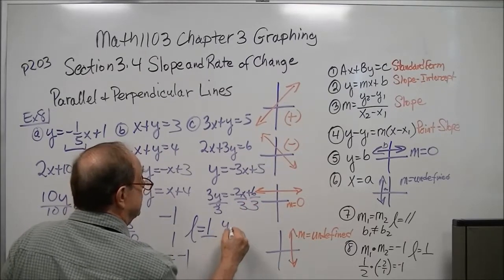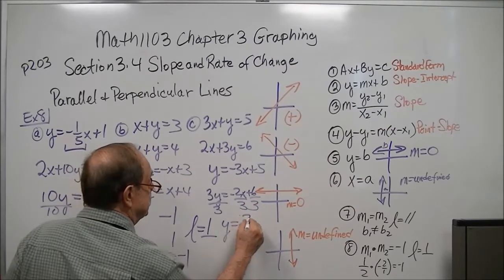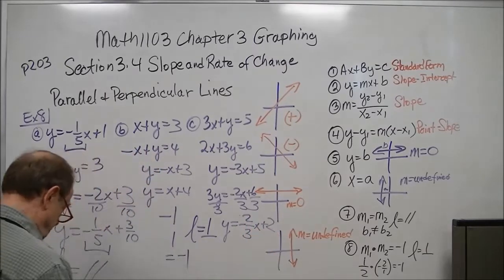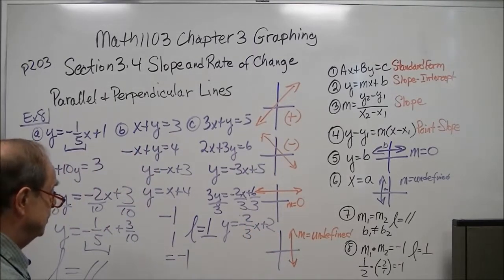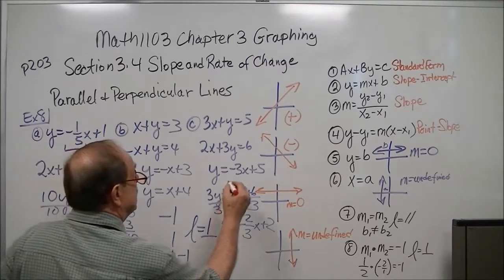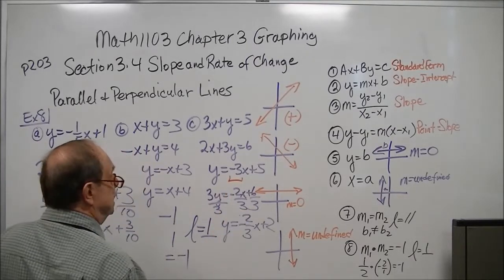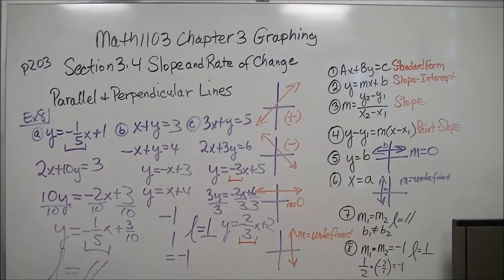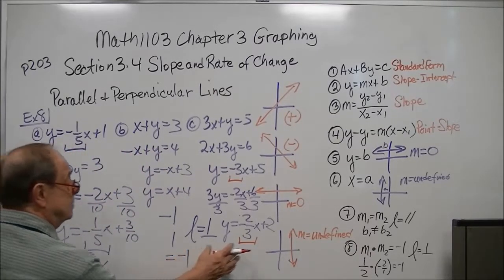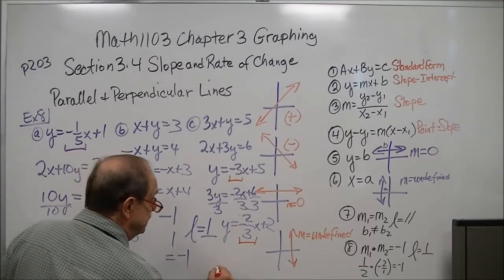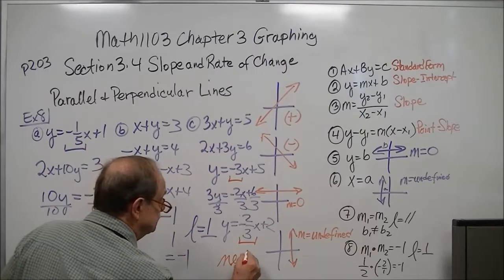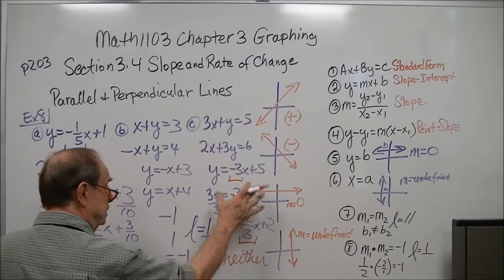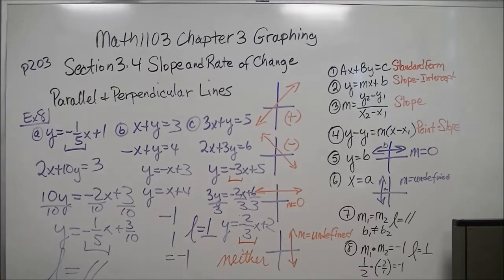I get y equals -2/3 x plus 2. And now I'll compare my slopes. Well, here I get a -3, and here I get a -2/3. So for this one, it is neither. It's neither parallel nor perpendicular.